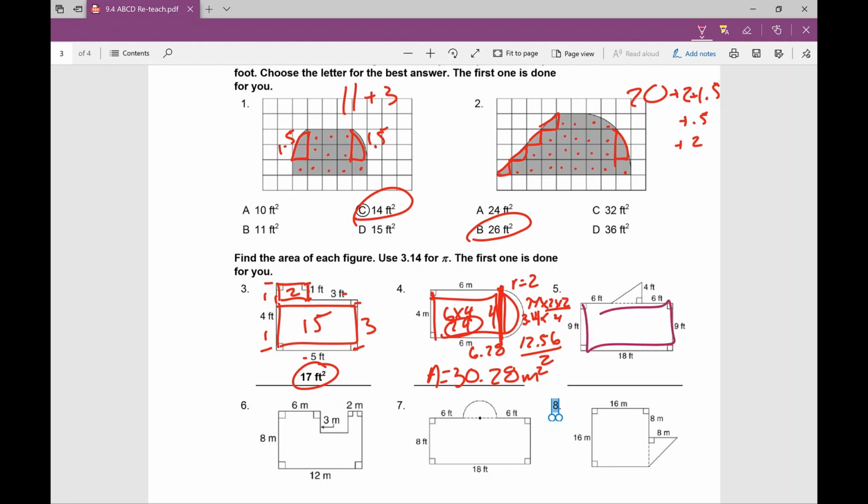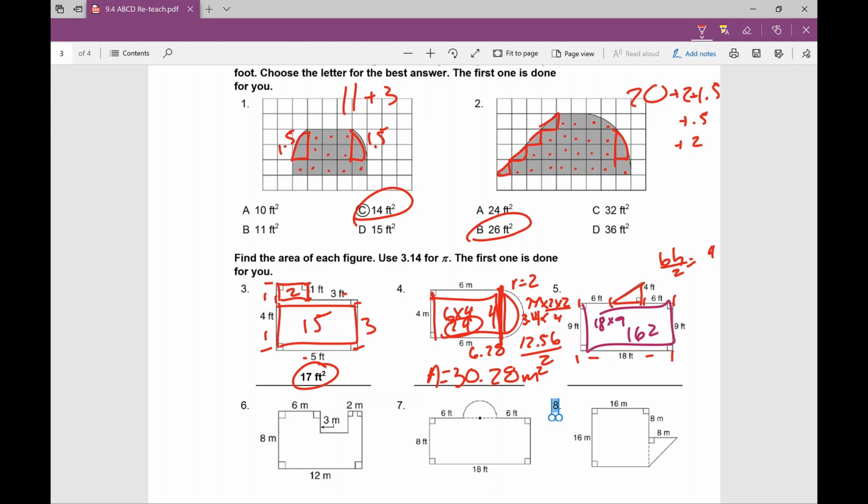My rectangle is clearly 18 by 9. When I multiply that, I get 162. The next one is a triangle, which is base times height divided by 2. I know the height is 4, but my base, I gotta find it. From here to here is 18. This is 6, this is 6. So that's 12.